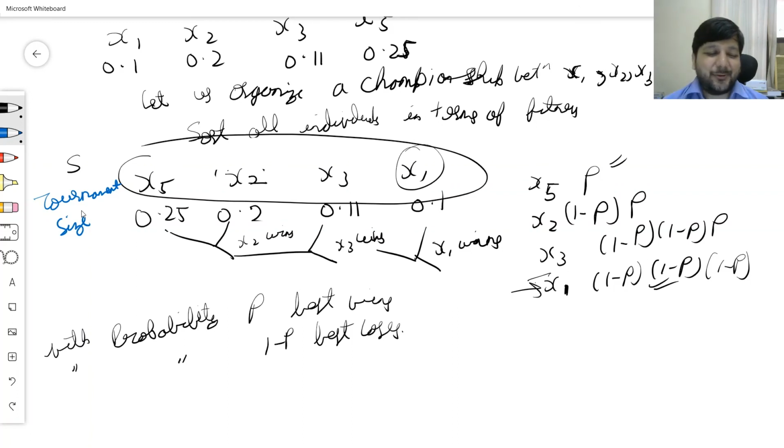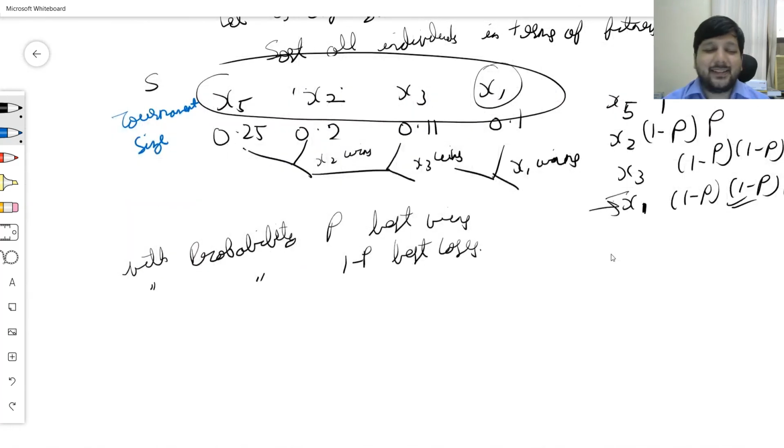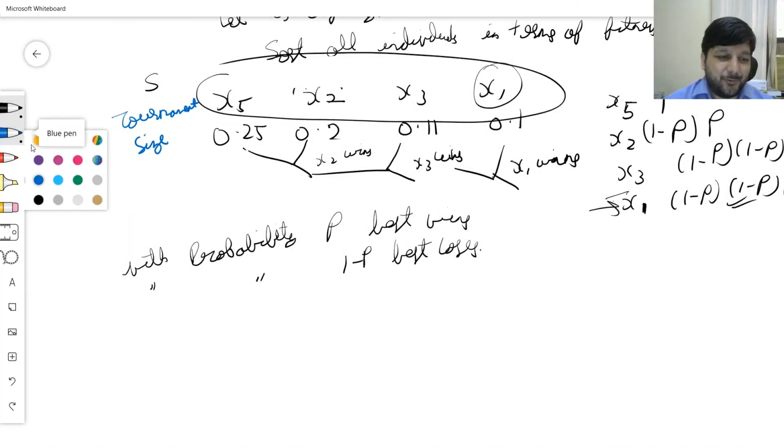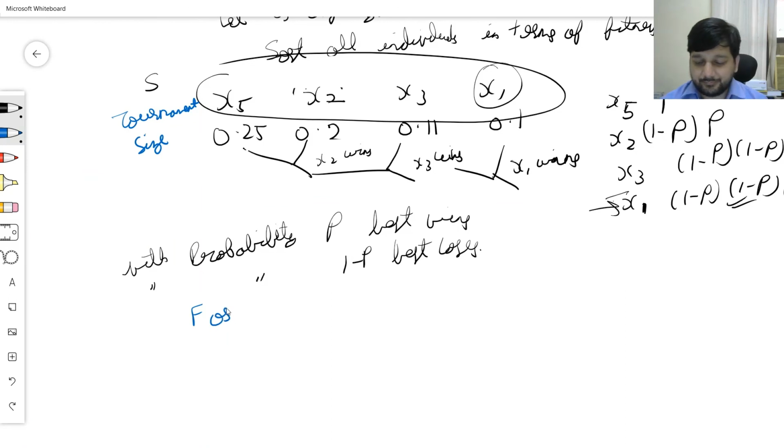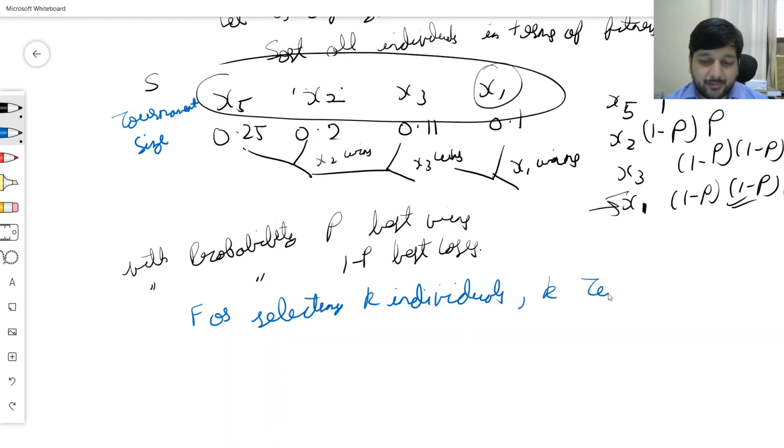If you take the tournament size too small, the best individual may not even get a tournament to participate in and it will not get selected any number of times, the same trade-off. And for selecting K individuals, K tournaments are played.